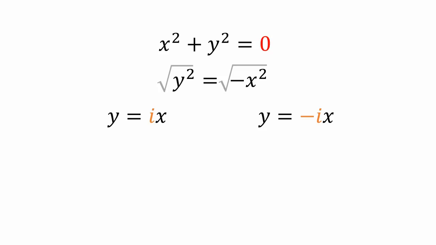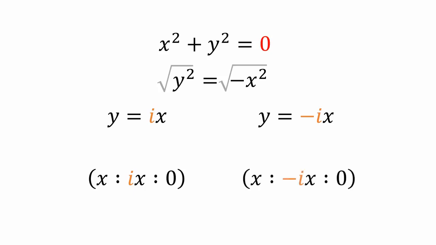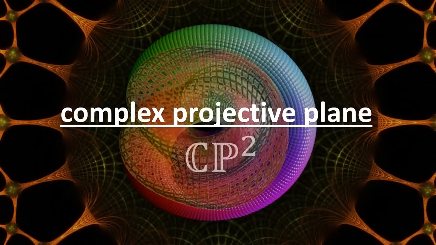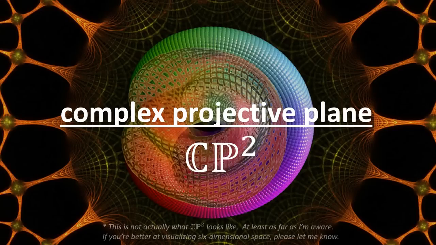Thus we have 2 solutions in homogeneous coordinates, x, ix, 0 and x, negative ix, 0. Scaling these back by x, we arrive at the points 1, i, 0 and 1, negative i, 0. By expanding our number system even further to the complex projective plane, we've found 2 points where a seemingly innocent circle blows up to infinity by allowing it to go off in the imaginary direction.